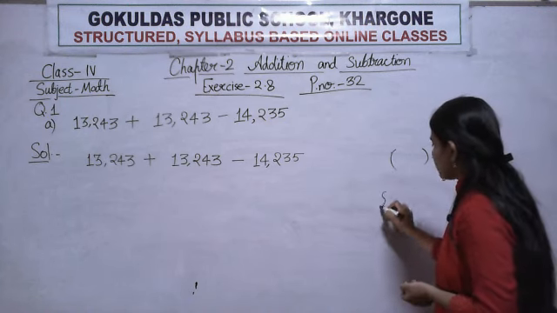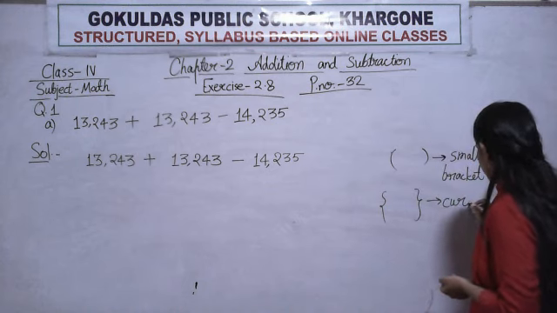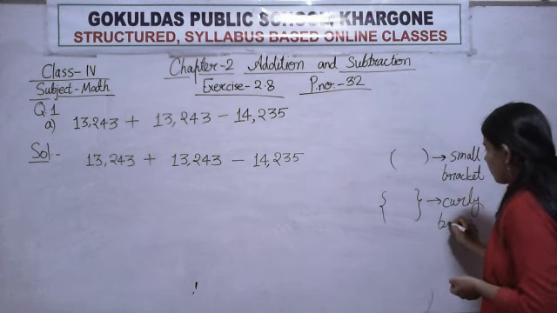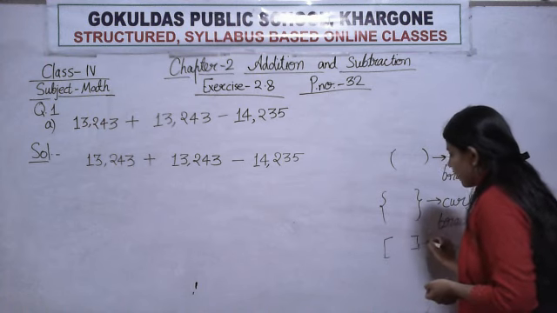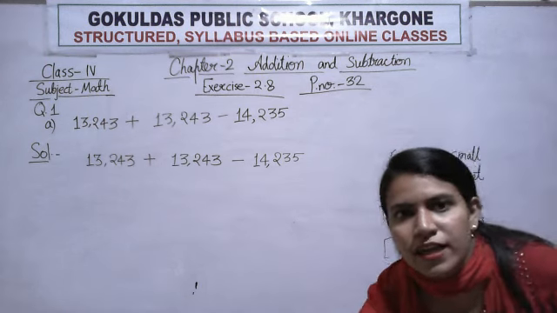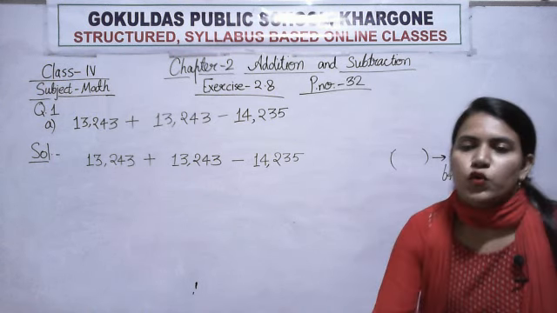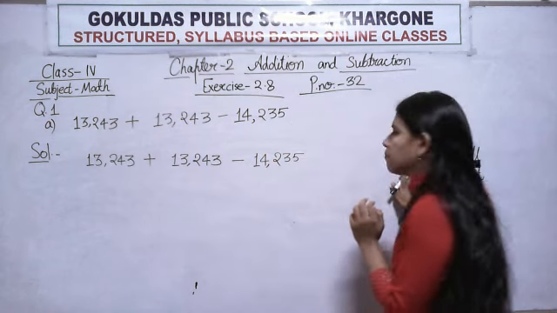There are 3 types of brackets. This is curly brackets or braces. Okay, this is large bracket, but you have to use the small bracket to group the numbers.